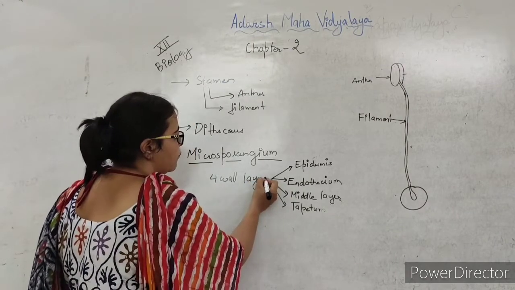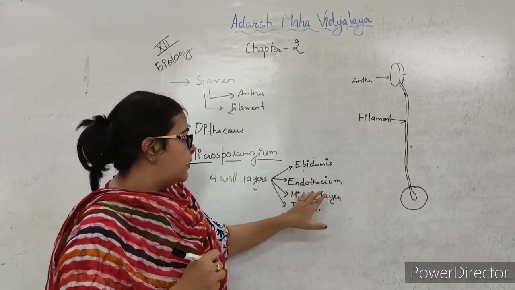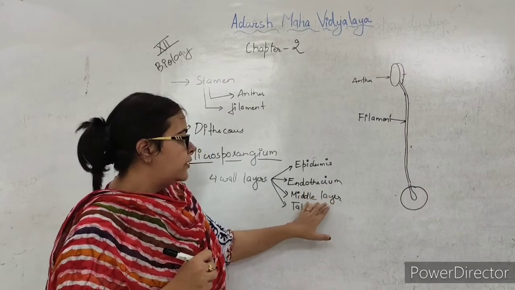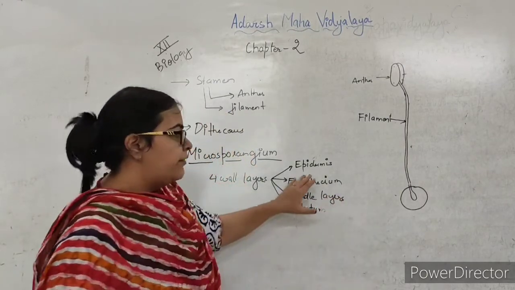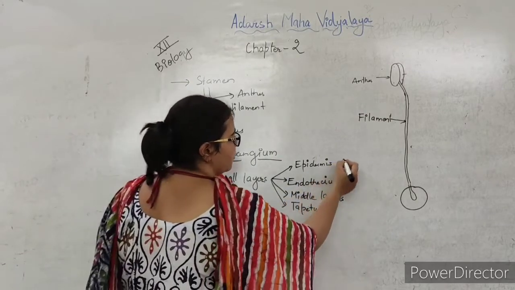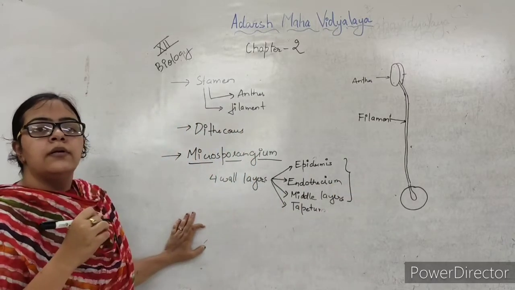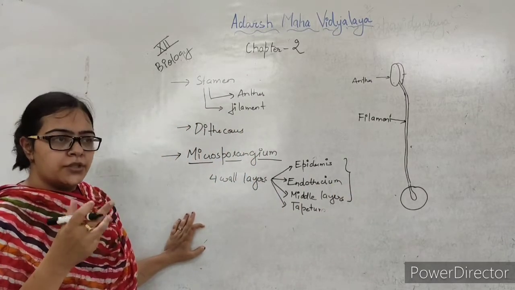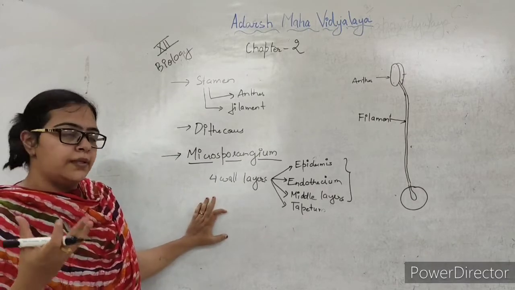The wall layers from outside to inside are, first is epidermis, second is endothecium, third is middle layers, and last is tapetum. When we talk about epidermis, endothecium and middle layers, all these three layers will help in the protection of the formation of the pollen grain.